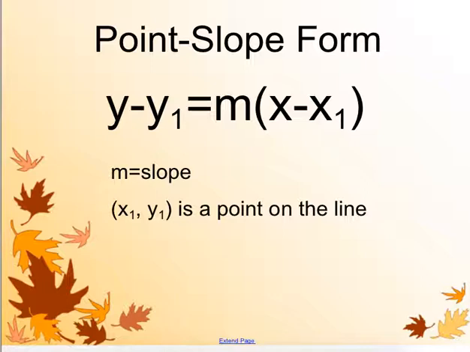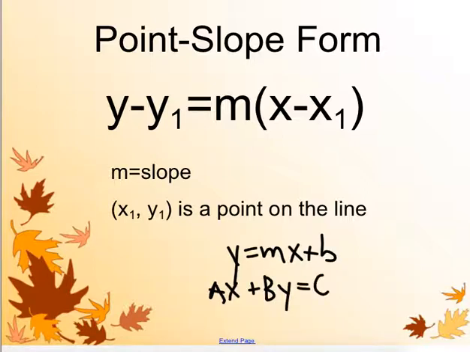We have talked about other forms of our lines before, things like our slope-intercept form, y equals mx plus b, or our standard form, ax plus by equals c. Well, we have one more form. It's called point-slope form, because we use a slope and we use our point on the line to plug it into this equation.